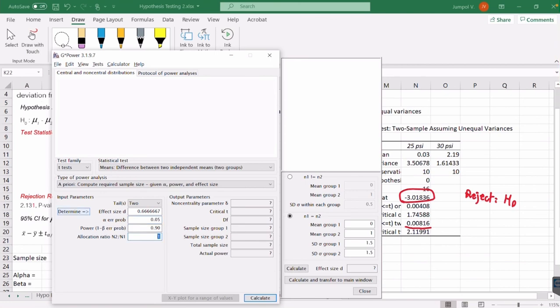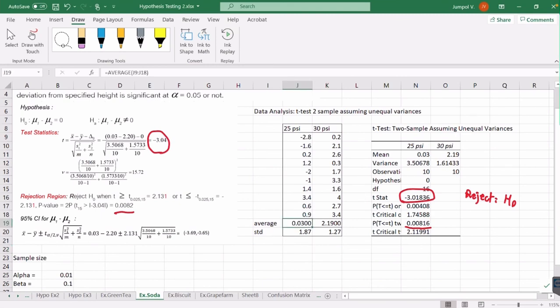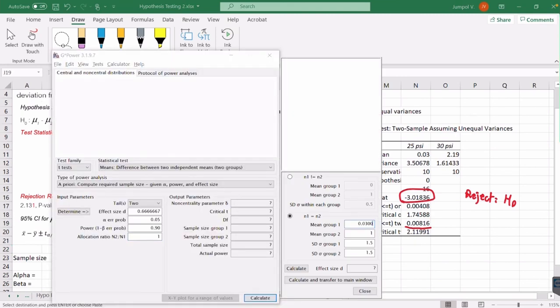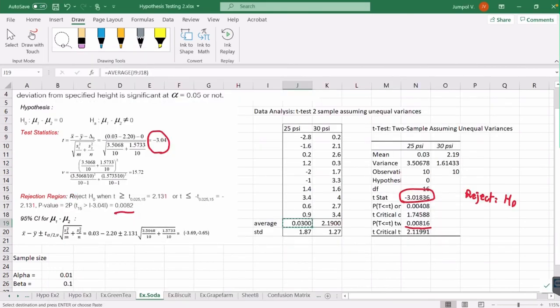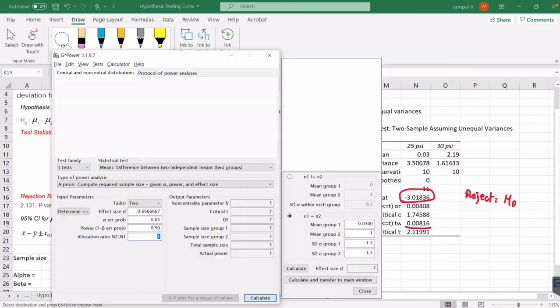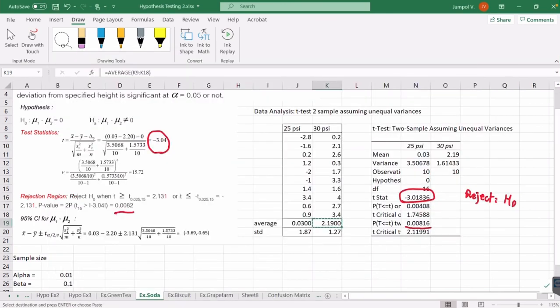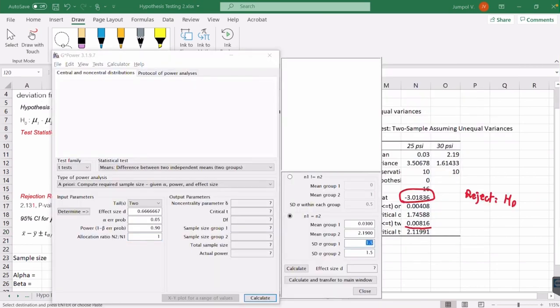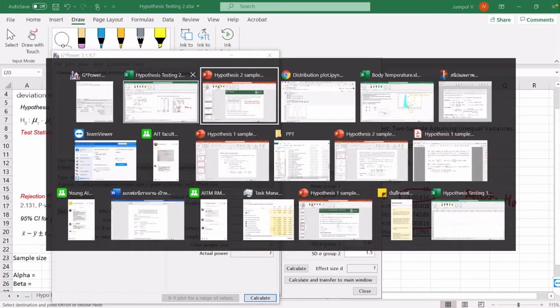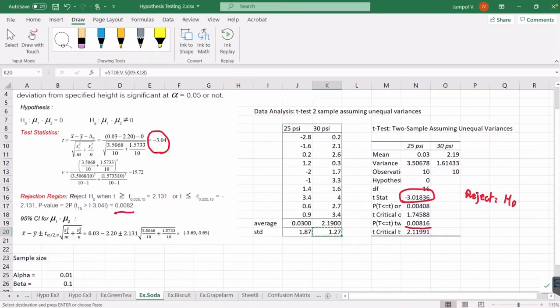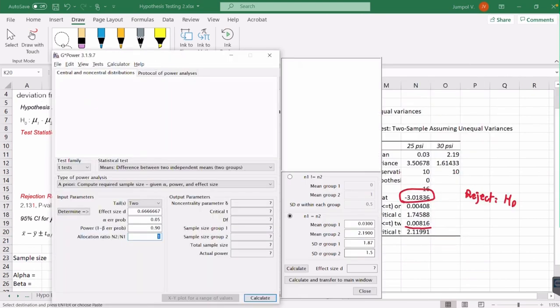And then we have to determine the effect size, so we put the mean of the first population here, the mean of the second population here, the standard deviation of the first population here, the standard deviation of the second population here.